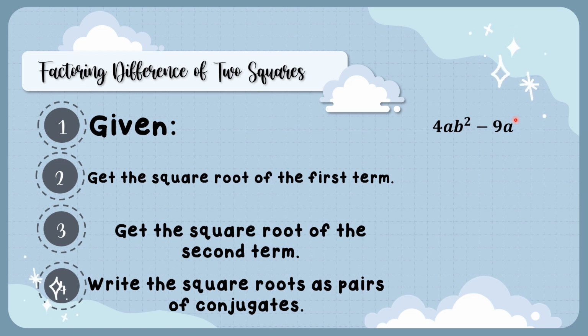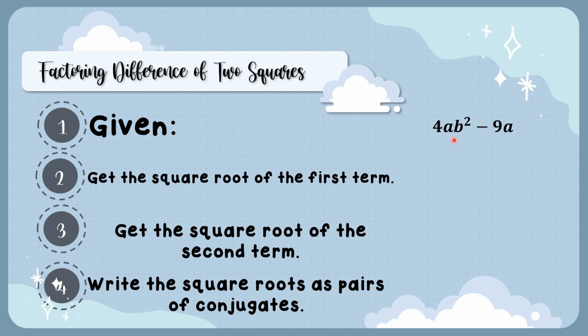Condition number 3 states that the exponents of the literal coefficients must be even. And we have here the literal coefficients for the first term, a and b. The exponent of a is 1 and the exponent of b is 2. Since the exponent of a is an odd number, therefore condition number 3 is not met.